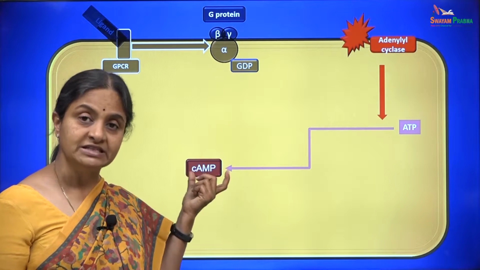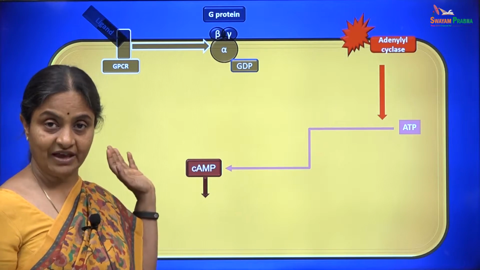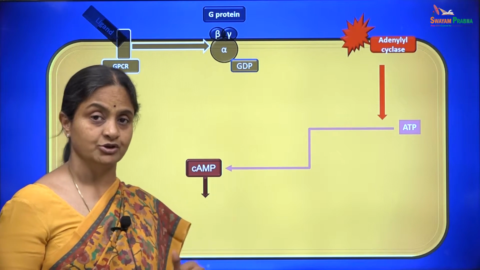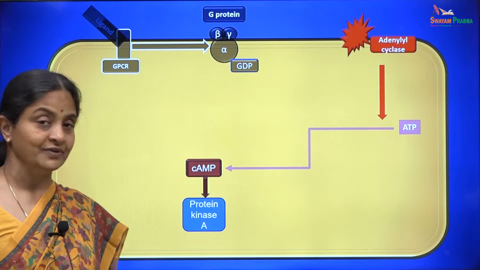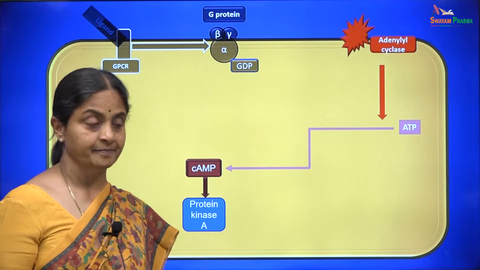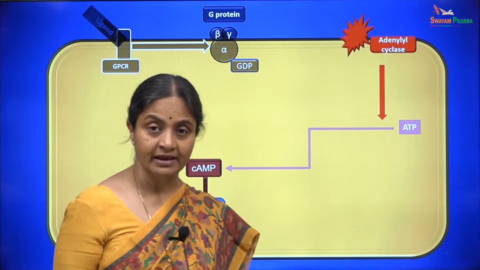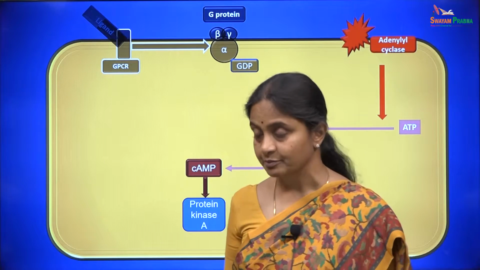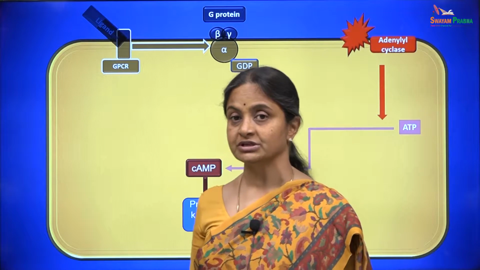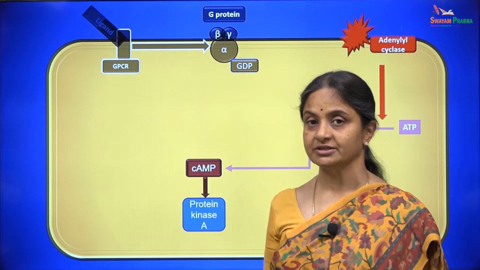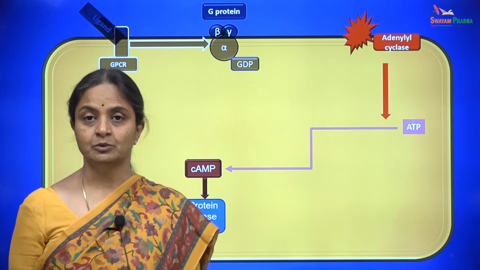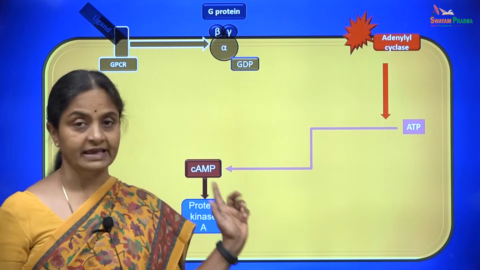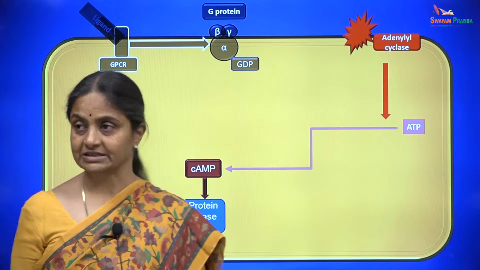Cyclic AMP per se can produce effects, which we will see later on, but we've already seen that cyclic AMP can activate protein kinase A, and protein kinase A can phosphorylate proteins within the cell to produce cellular responses. We will see a real example of a ligand which uses the cyclic AMP pathway to produce its effects.